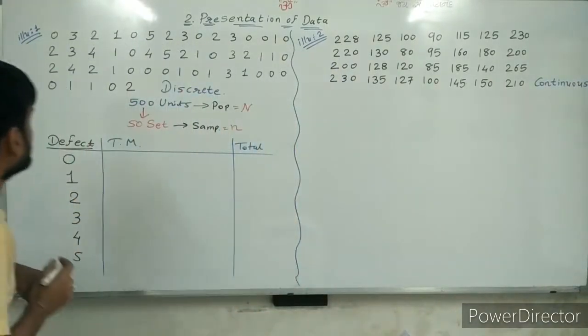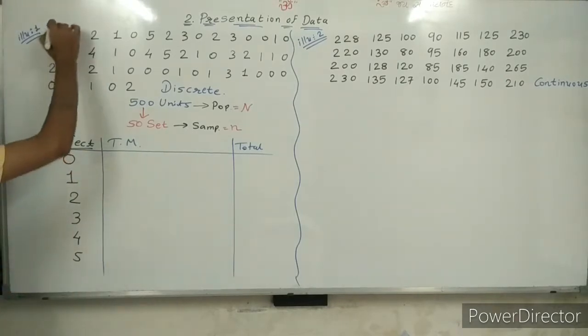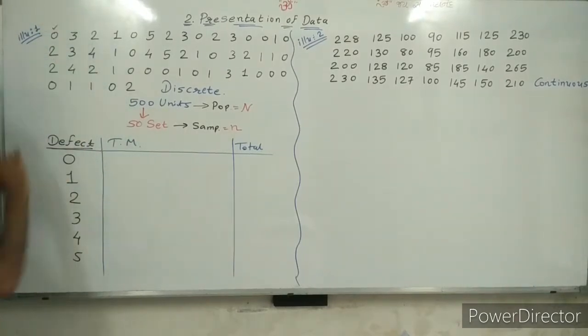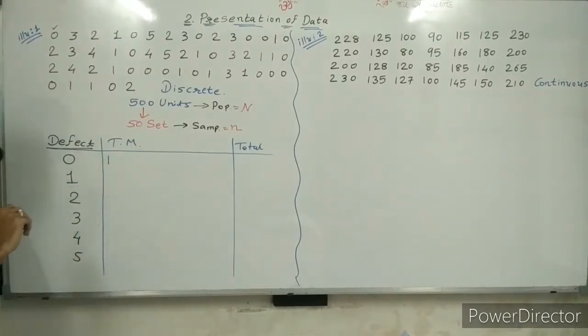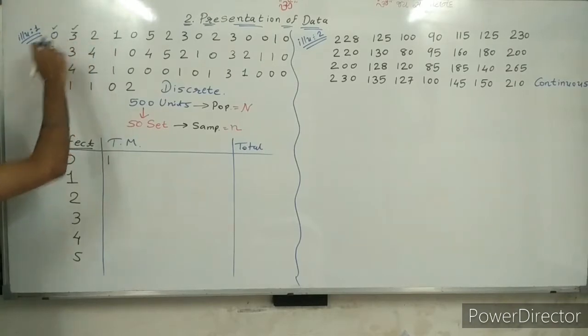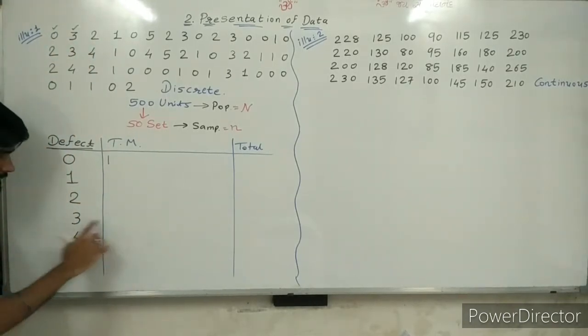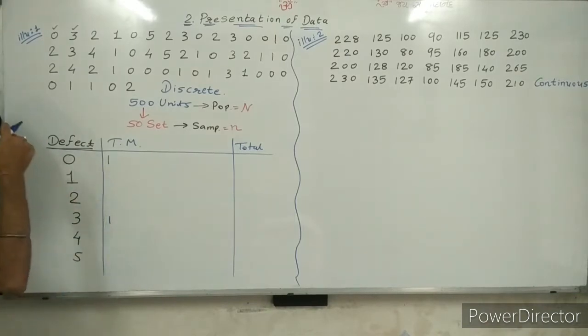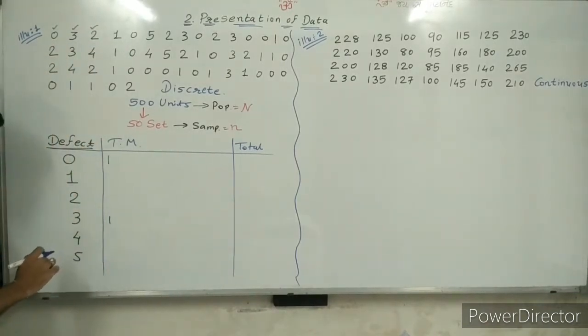So first we are seeing here. In the first television there is no defect, it means that television is in this set. Second television, 3 defects, so the second television comes here. Third television, 2 defects.